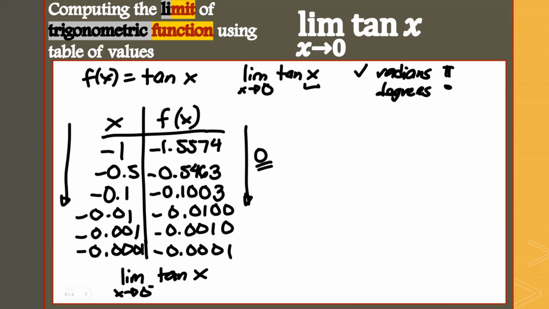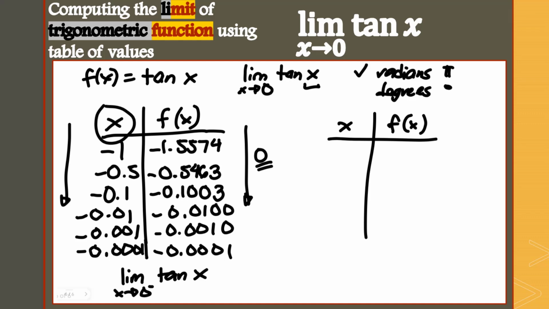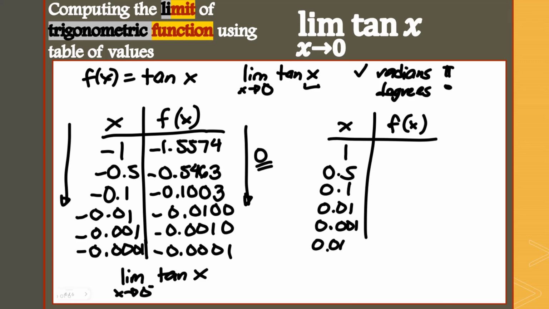Let us see if we will have the same limit as x approaches 0 from the right. This time we'll use the positive values of these x's: +1, +1/2, +1/10, +0.1, +0.01, and +0.001. Slowly plug them in your calculator.